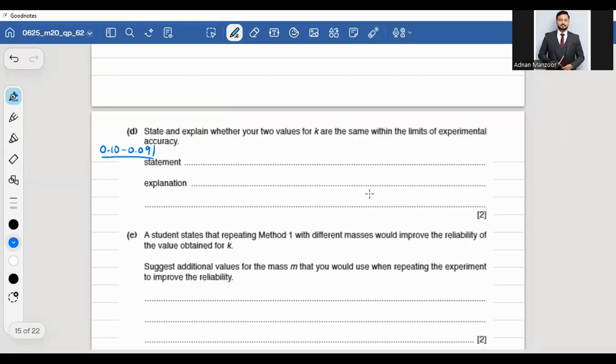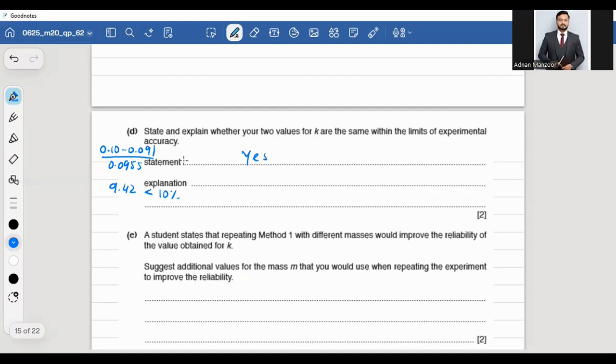The average is 0.1 plus 0.091 divided by 2, which is about 0.0955. So 0.1 minus 0.091 divided by 0.0955, multiplied by 100, gives 9.42, which is less than 10%. So if my working is here, you can easily say yes, the values are equal.